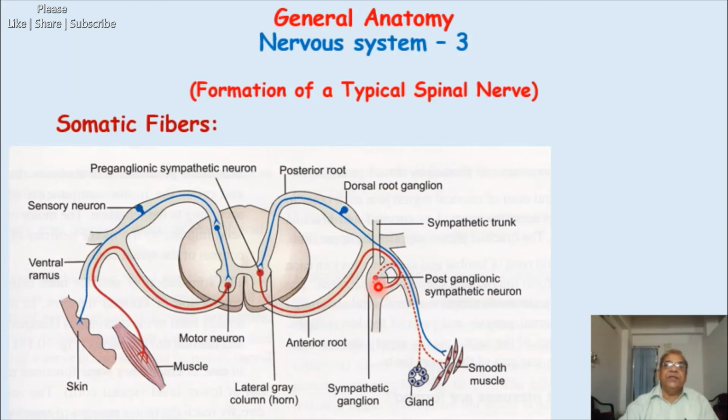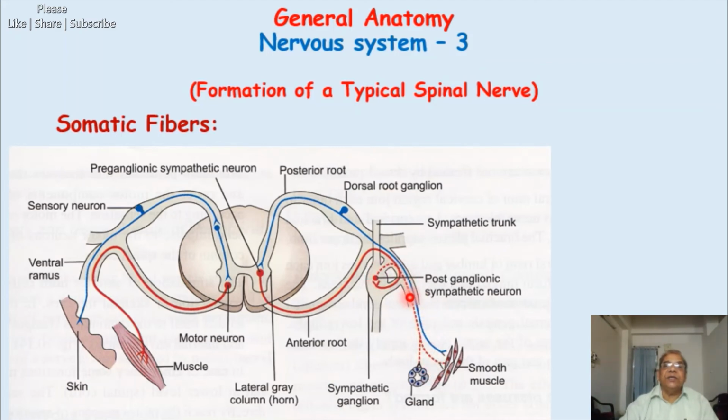Then the axons arising from postganglionic neurons, which join the ventral ramus, are non-myelinated here, and they are shown as a dotted line.